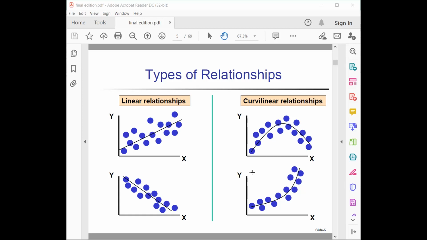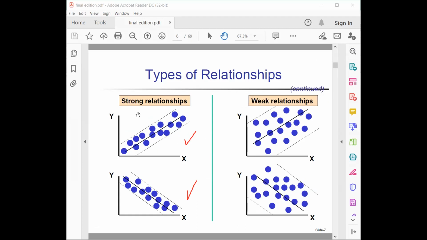Okay, we move forward, and in this slide we show the differences between linear and nonlinear, in other words curved, for example here. And you can see the linearity from this point to this point, which could be positive or negative correlation.